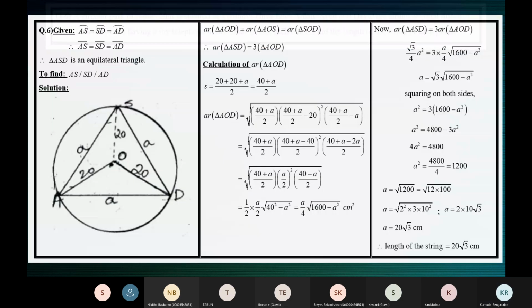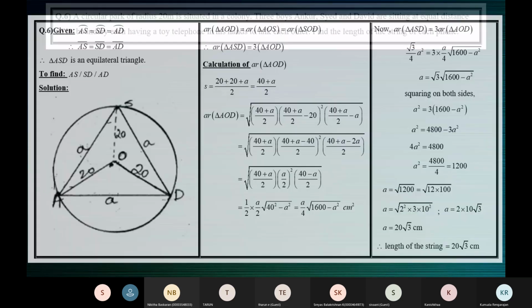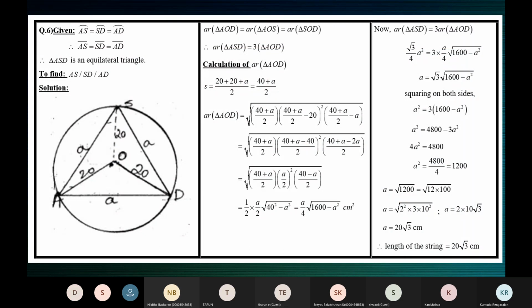Go through the answer first. Just go through the answer, children, and just get back.